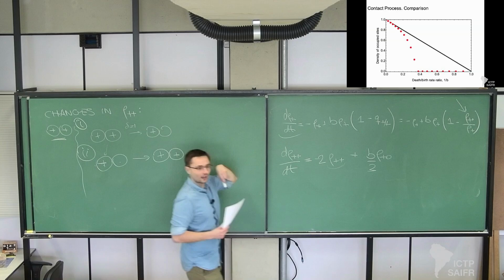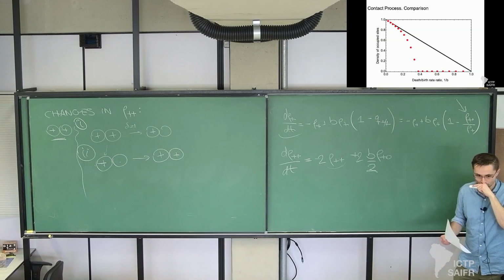Yes. It's the same if it's plus 0 or 0 plus. Very important point. I told you I was going to do this in 1D, but I'll tell you when things get different when you go to other dimensions. So again, b over 2 because you can choose left or right.